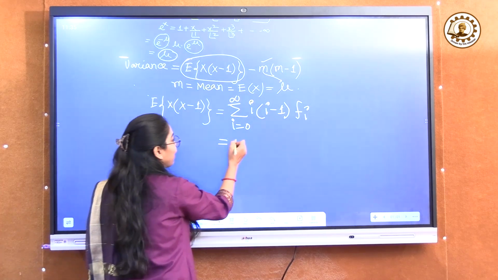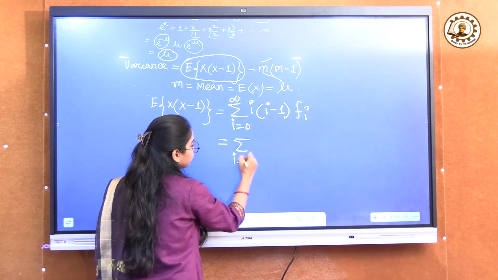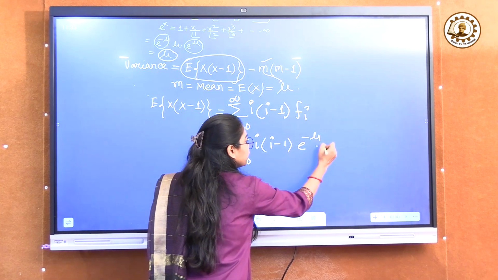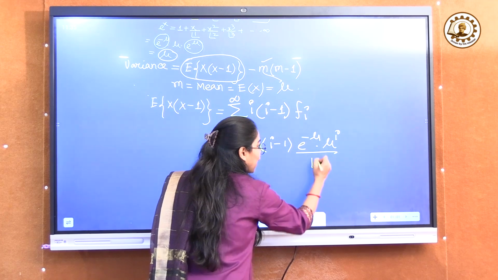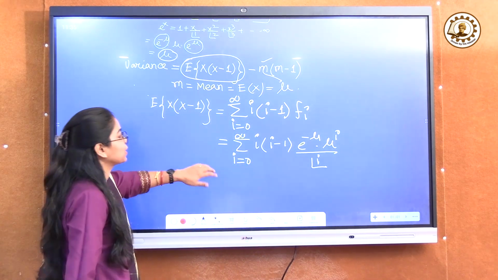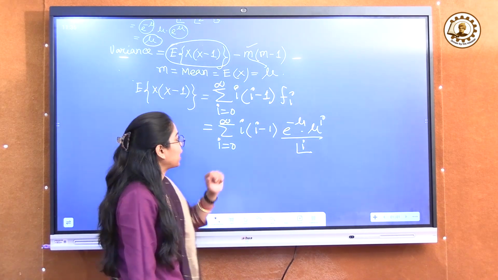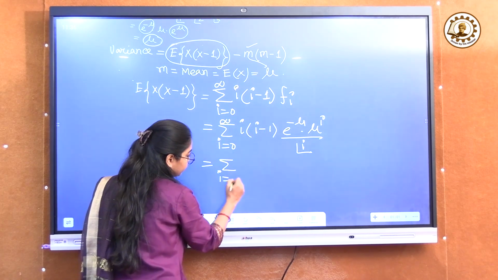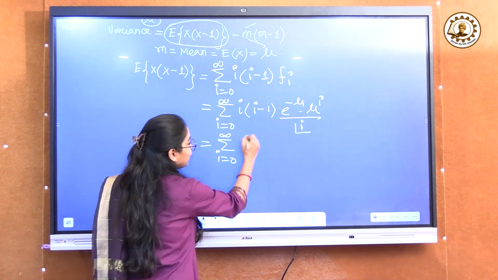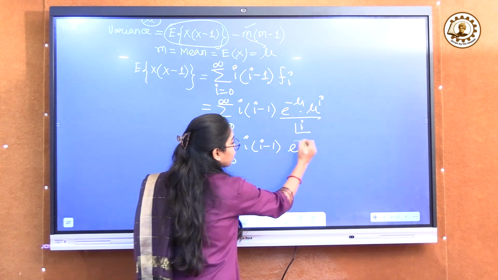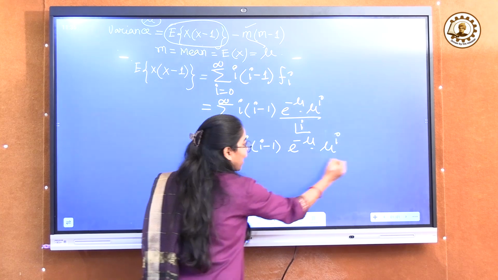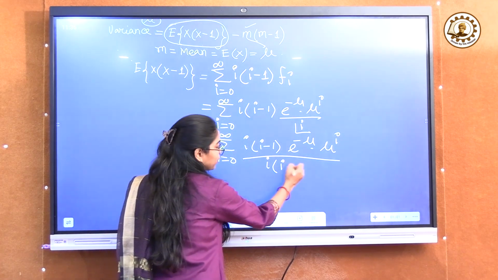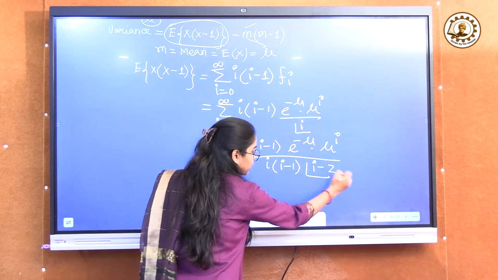Again, we will put the value of this PMF p_i, which is e to the power minus mu, mu to the power i by i factorial. Again, in the same way, with the help of this factorial i, we will cancel this i into i minus 1. Factorial i can be written as i into i minus 1 into factorial i minus 2.